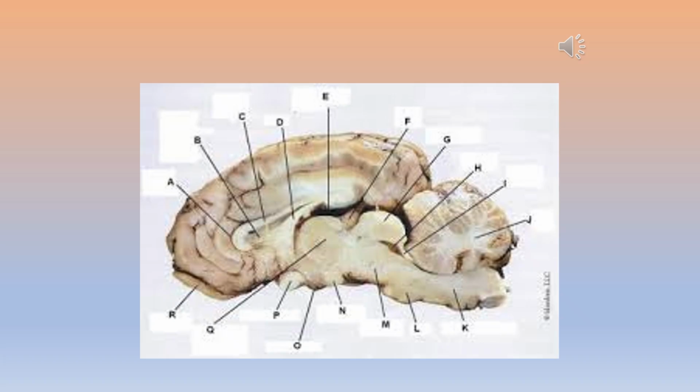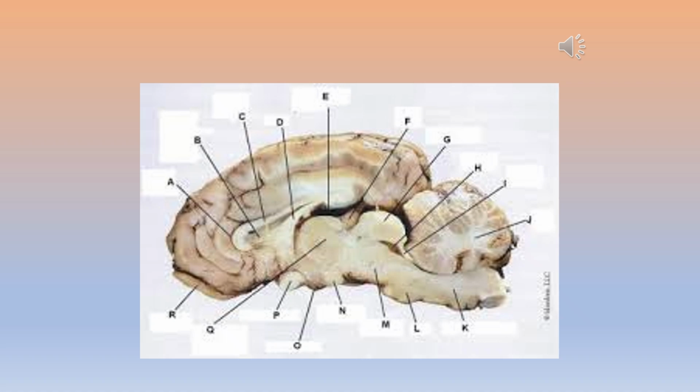The cells of the choroid plexus contain those ependymal cells. Ependymal cells are the cells that make the cerebrospinal fluid. So the lateral ventricles, the third ventricle, and later the fourth ventricle, and the cerebral aqueduct that connects the third and fourth ventricles, are always filled with cerebrospinal fluid.